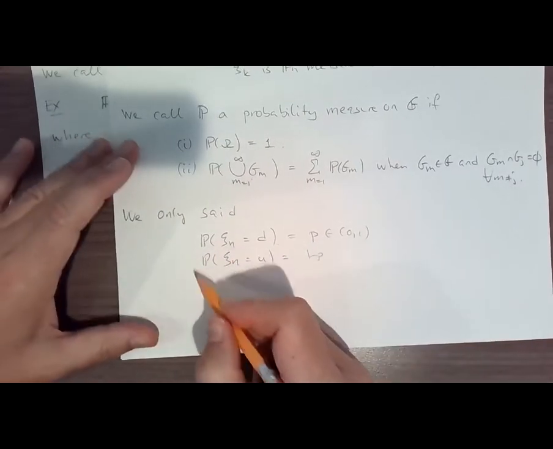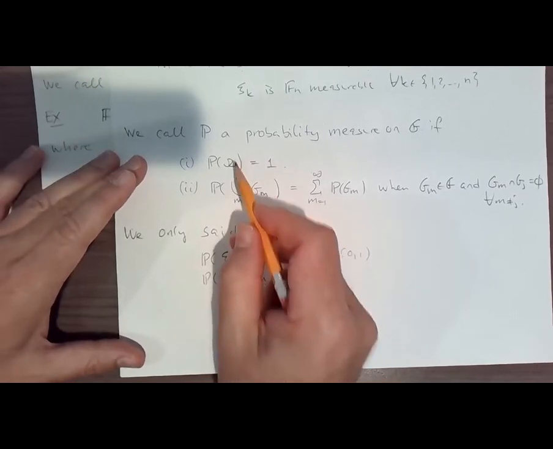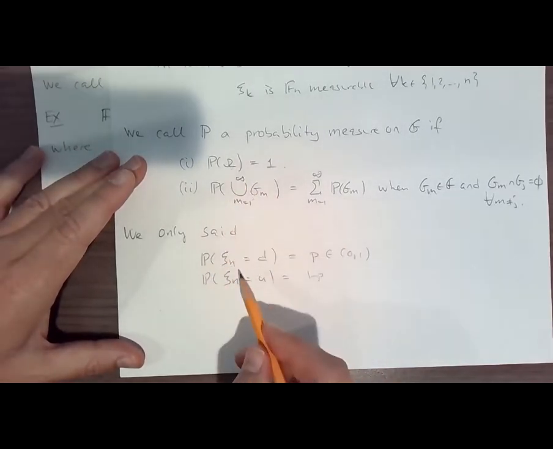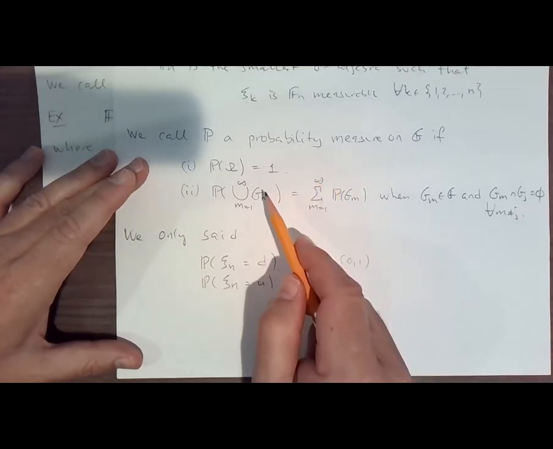We didn't specify p here as being a function that has the properties here, right?